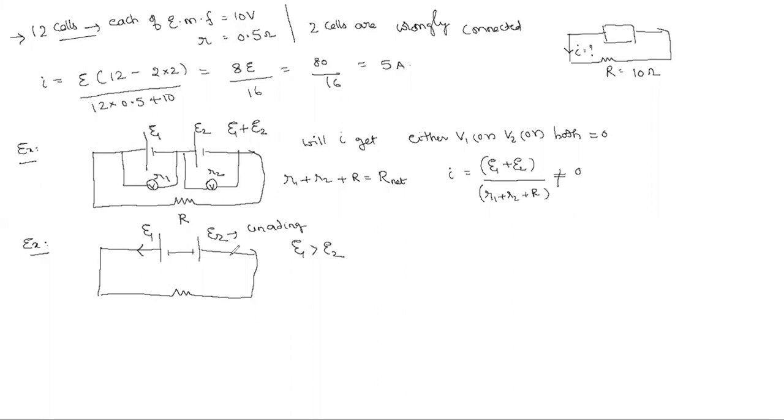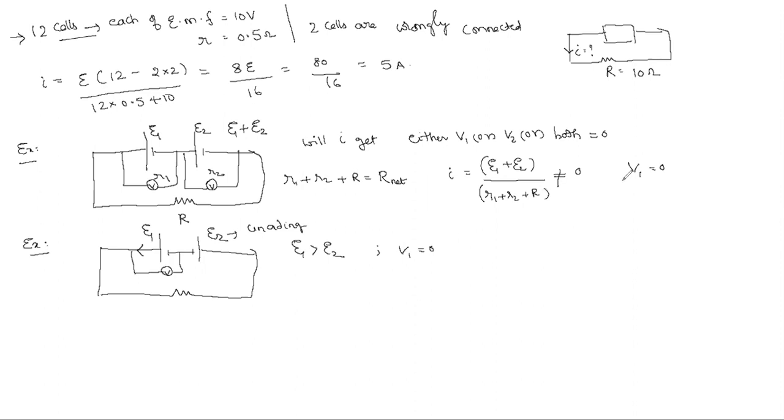In this case, I think I can find V1 equals to 0. If I connect one voltmeter here, I will get V1 equals to 0. Even in this case also, I can find V1 equals to 0.